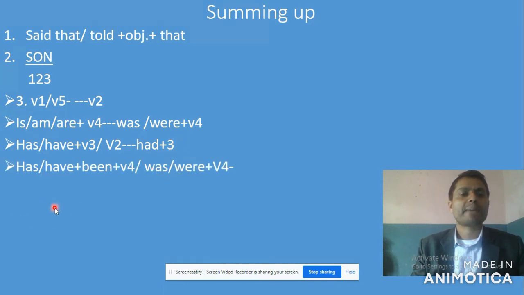Has or have plus been plus verb 4, or was or were plus verb 4.